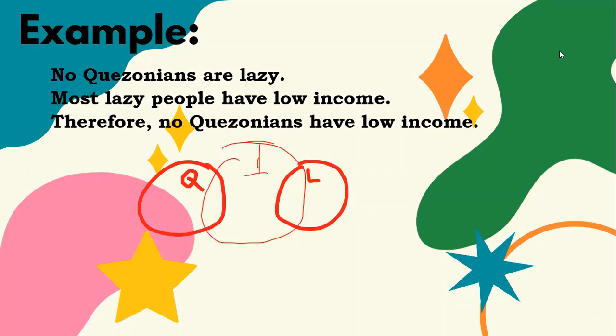Kasi the predicate term, thank you Melvin, the predicate, the subject, and the middle term are interrelated, di ba? With the minor premise, most lazy people have low income, or yung sinasabi natin some lazy people, makikita ninyo dito itong part na to.